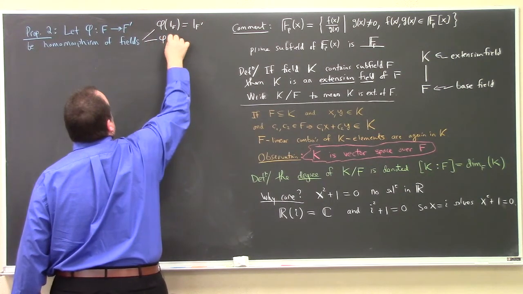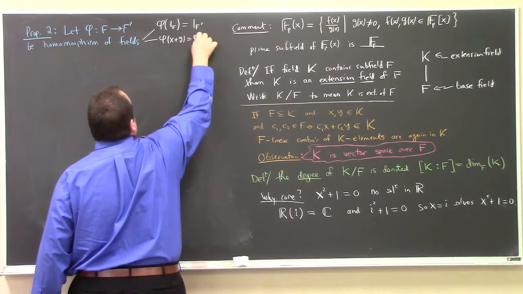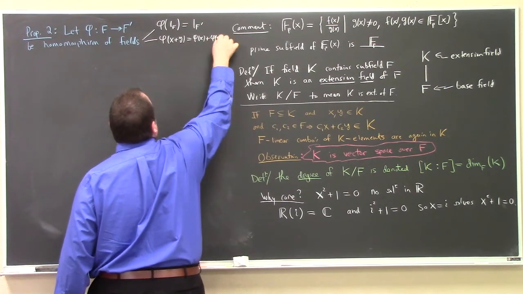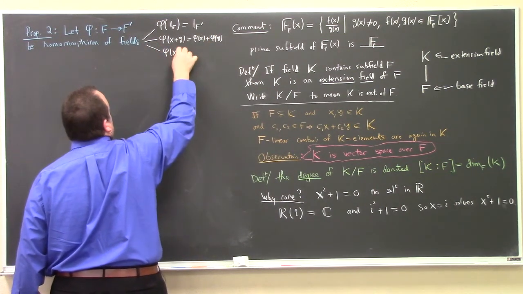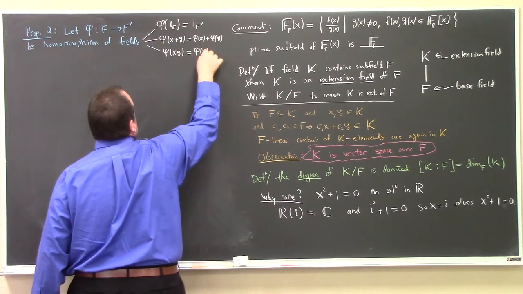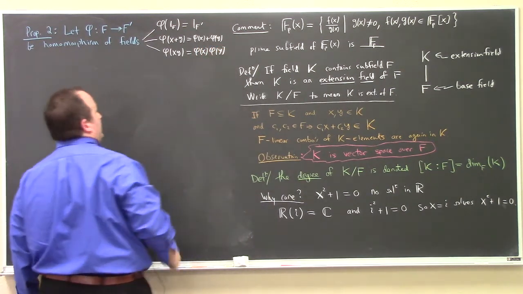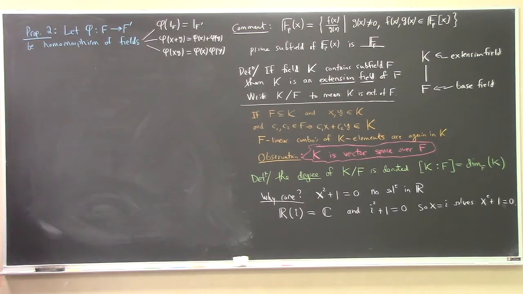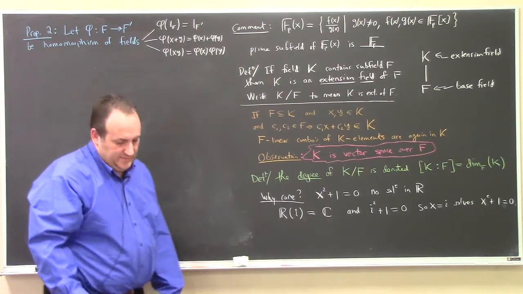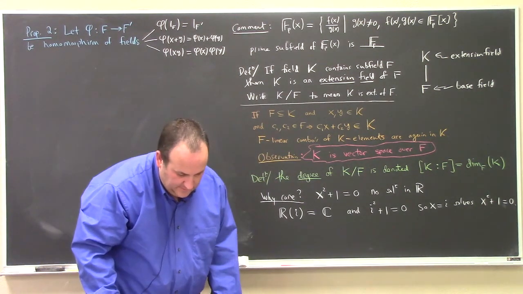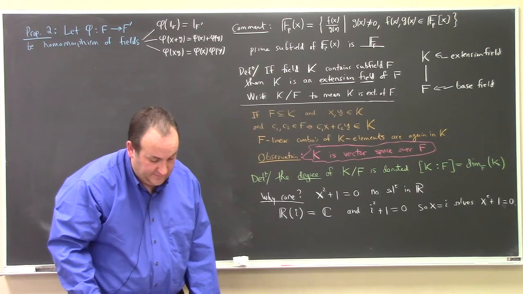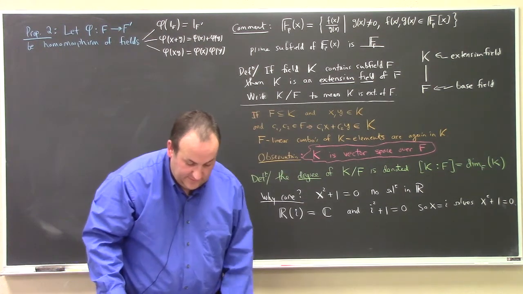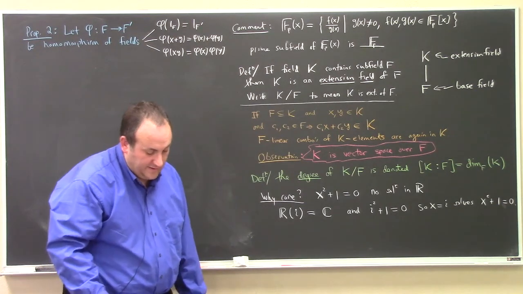and phi of x plus y is phi of x plus phi of y, and phi of x times y is phi of x times phi of y, right? It preserves the addition and the multiplication of the rings. Every field's a ring, of course, and it takes 1 to 1. And it's a homomorphism, so it doesn't have to be invertible, it doesn't have to be surjective. But here's the punchline: then phi is either identically 0 or injective.